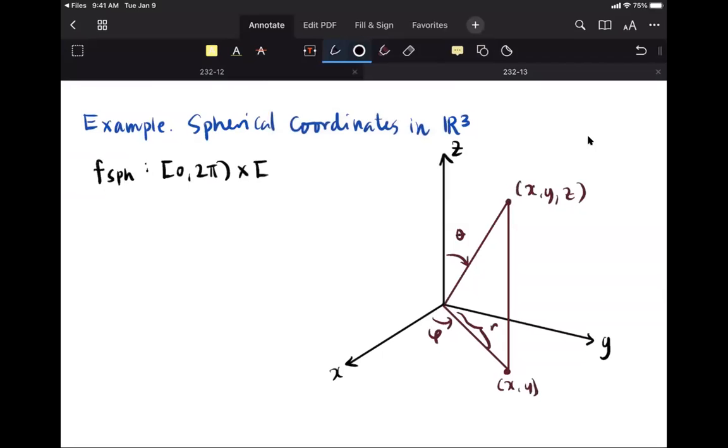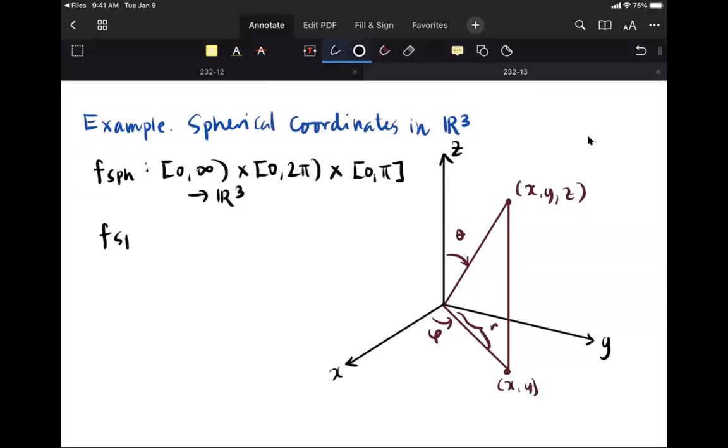Still the radius is from 0 to infinity. The angle phi is 0 to 2 pi. The angle from the positive z-axis will now be from 0 to pi. And this is a mapping into R cubed.